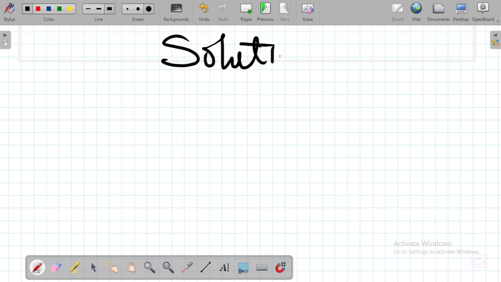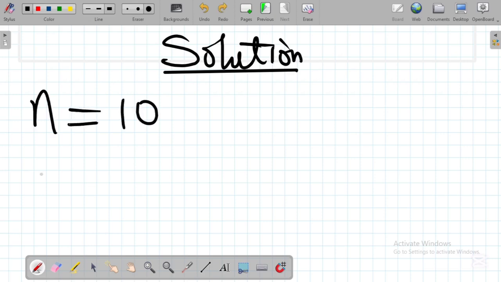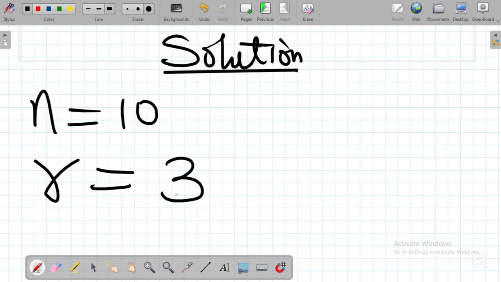Solution. From the question, our n, which is the total number of students in the class, is equal to 10. And then r, which is the total number of positions to be found, is 3. We are asked to find first position, second position, and third position. So we are asked to find 3 different positions.